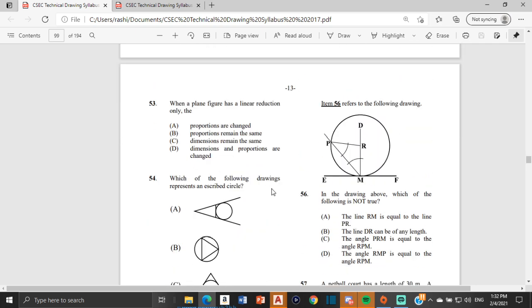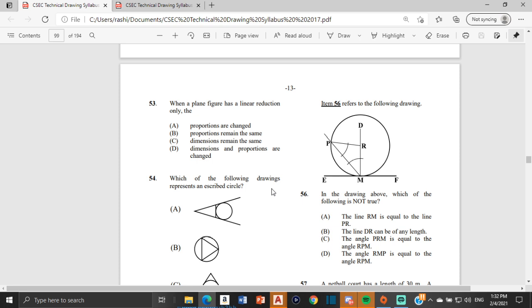Alright, number 56 says, in the drawing above, which of the following is not true? Is it A, the line RM is equal to the line PR? Is it that the line DR can be of any length?